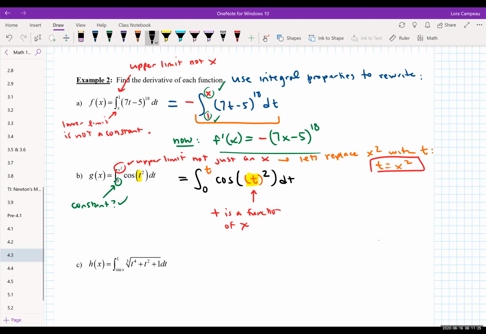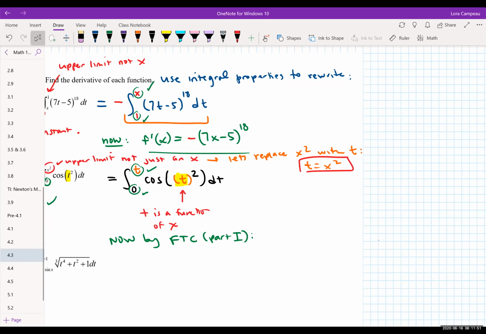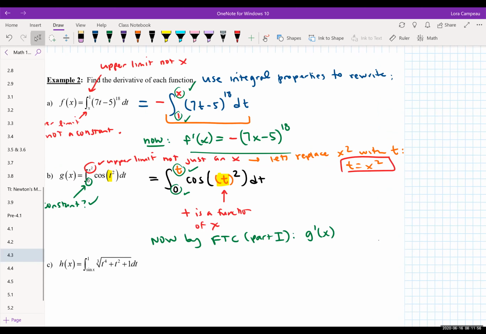So this allows our lower limit to be a constant, our upper limit to just be a single variable, no exponents, no coefficients other than 1s. So by the fundamental theorem of calculus part 1, we can say that g prime x, remember we're taking the derivative of this original function, is equal to the integrand.